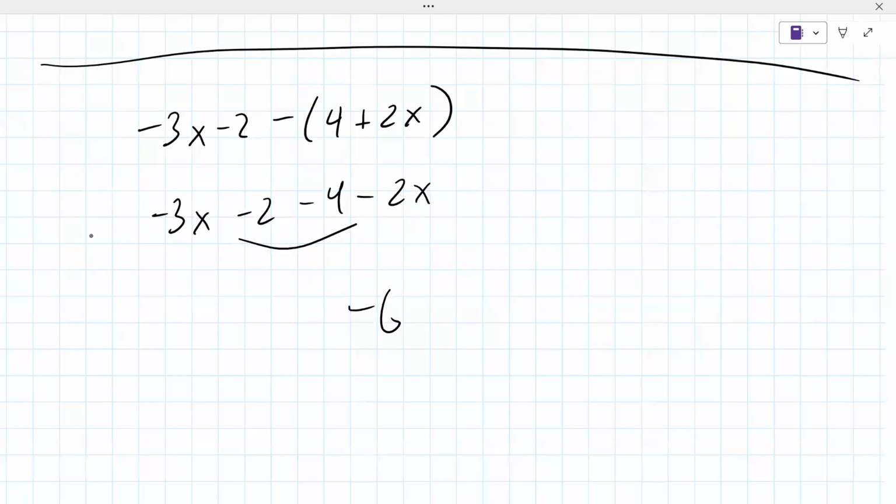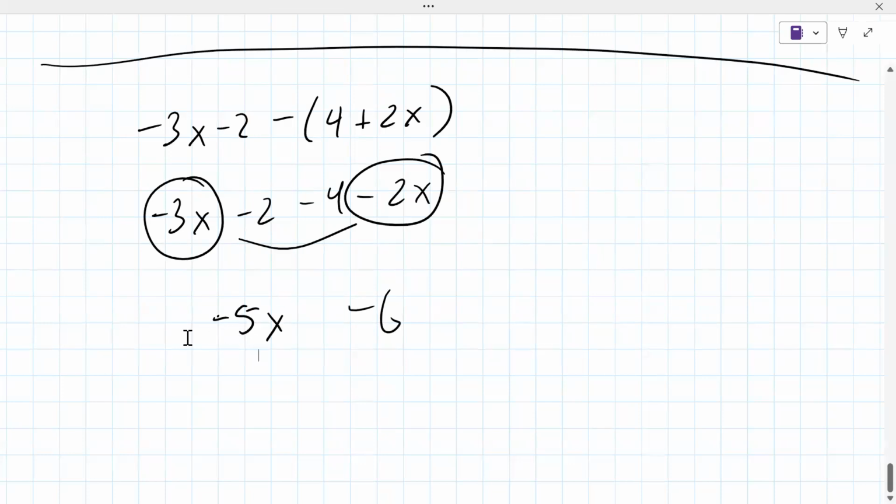So this is definitely minus 6, but it's minus 3x and a minus 2x. They're both negative. How could you change your answer? Oh, that would be a minus 5x. Yeah, minus 5x.